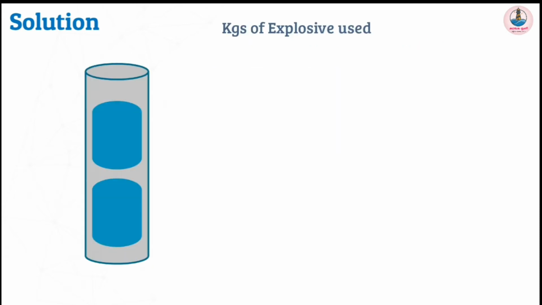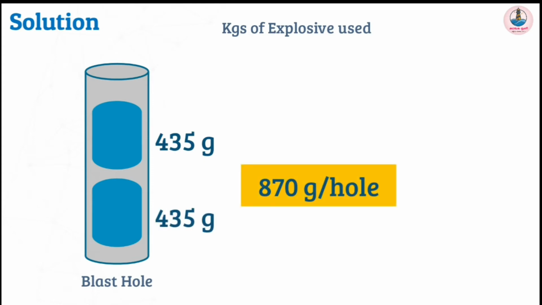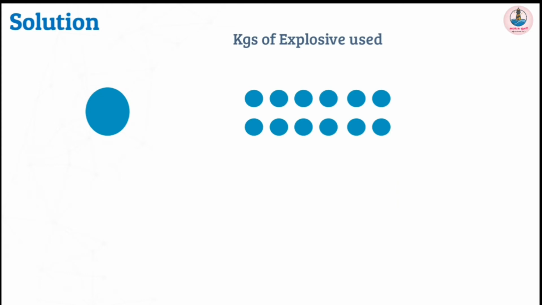Now we are going to find the denominator, that is kgs of explosive used in this blasting. In the question they have given that in a blast hole they are using 2 cartridges of 435 grams each. So, per hole they are using a total of 870 grams of explosive.